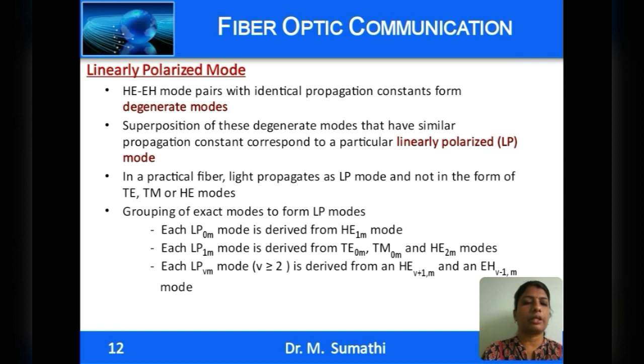The relationship or the group of degenerate modes that form a linearly polarized mode is given for LP0M, LP1M and LPVM. So this represents the various linearly polarized modes and the degenerate modes that form the given linearly polarized modes.